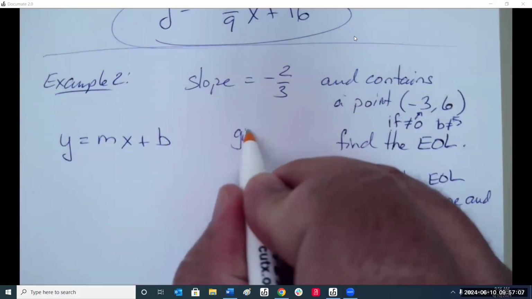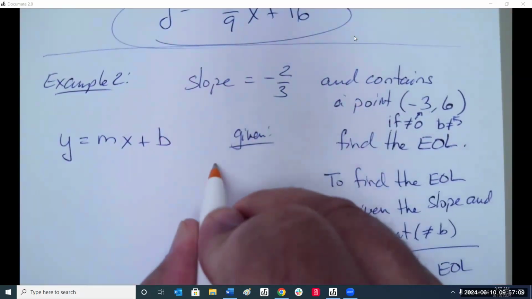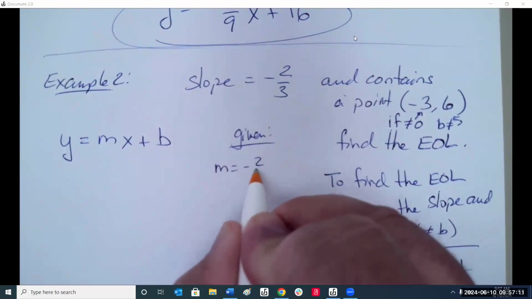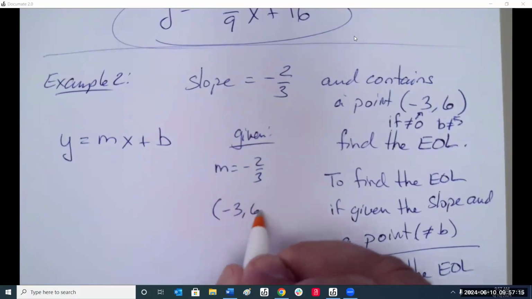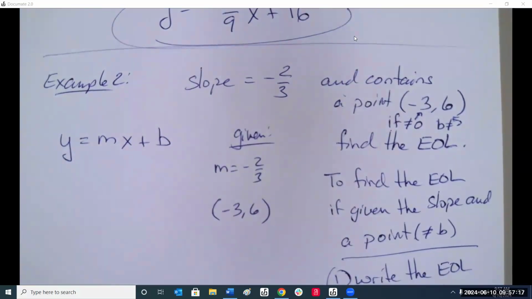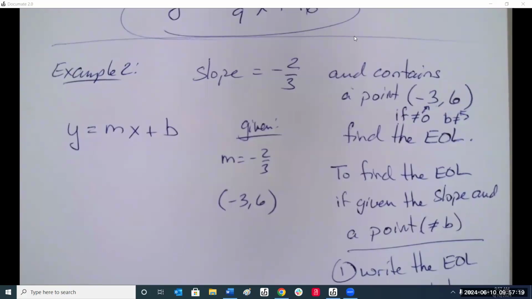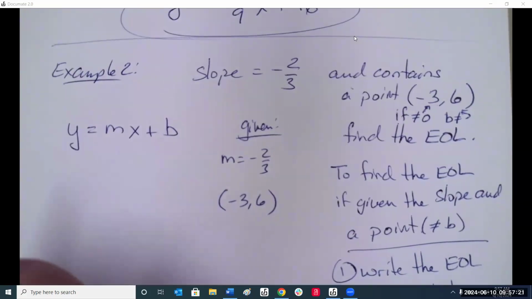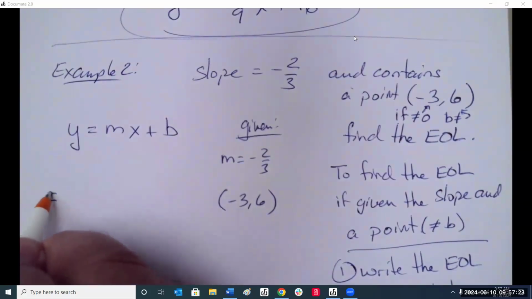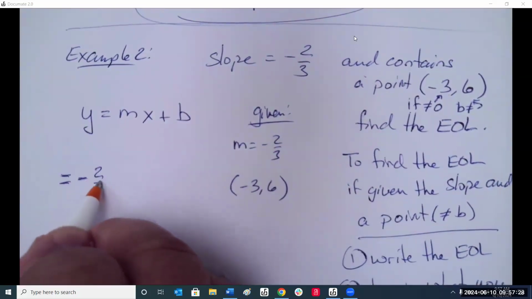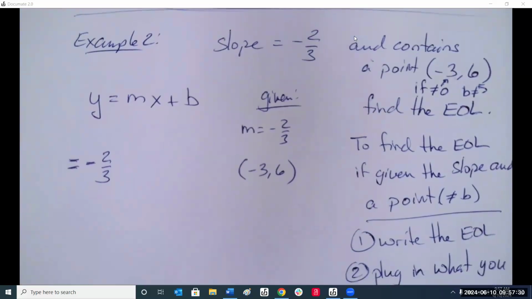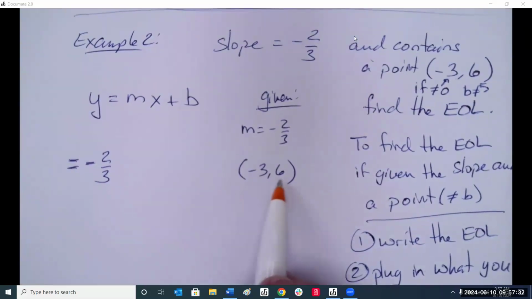We're given the slope is negative 2/3, and we have a point, negative 3, 6. So the m is the slope, so it's negative 2/3. What's in here?